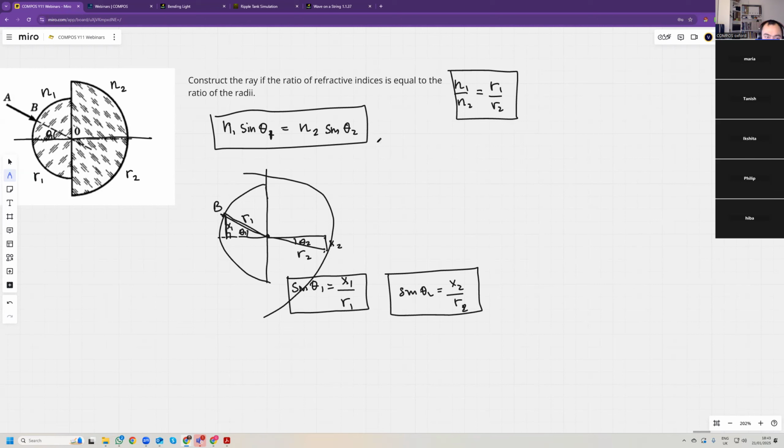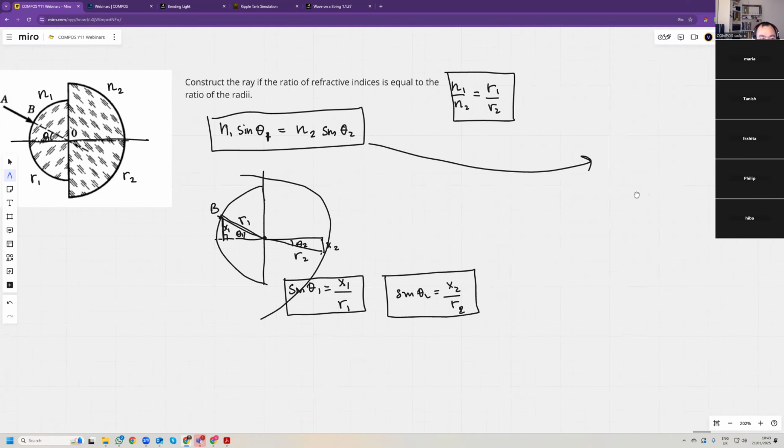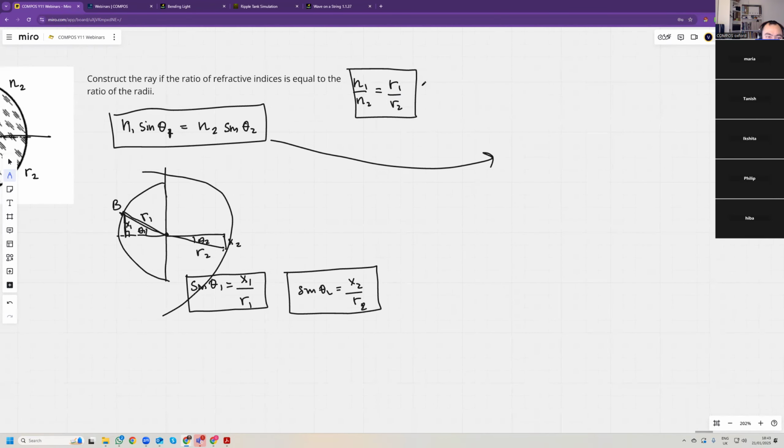Well, let's start with Snell's law. From here I will write that N1 is R1 over R2 times N2. So I'll sub that in. That's R1 over R2 multiplied by N2, multiplied by sine θ1.